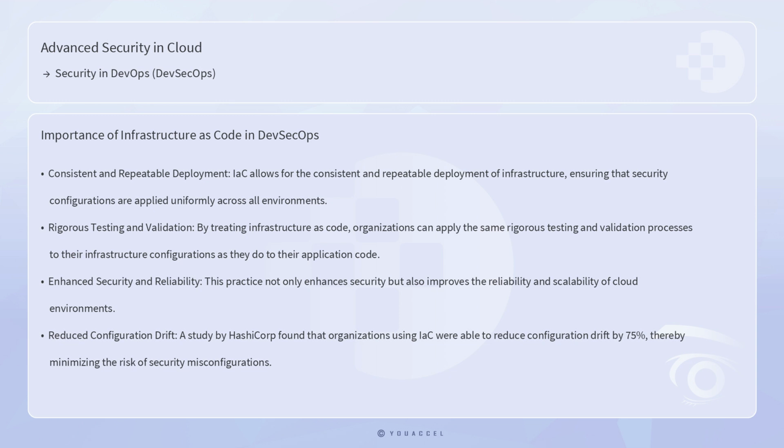By treating infrastructure as code, organizations can apply the same rigorous testing and validation processes to their infrastructure configurations as they do to their application code. This practice not only enhances security, but also improves the reliability and scalability of cloud environments. A study by HashiCorp found that organizations using IaC were able to reduce configuration drift by 75%, thereby minimizing the risk of security misconfigurations.